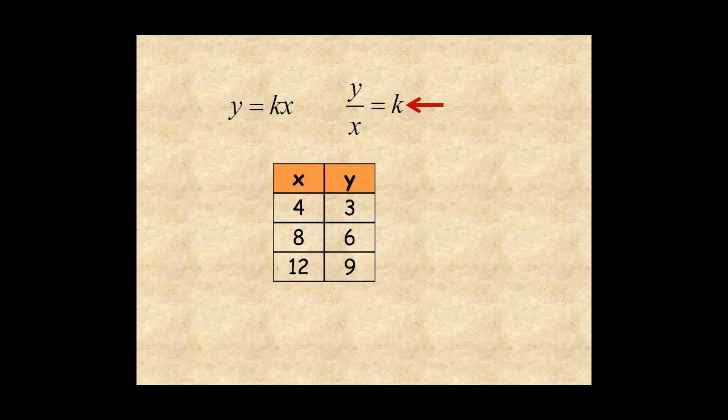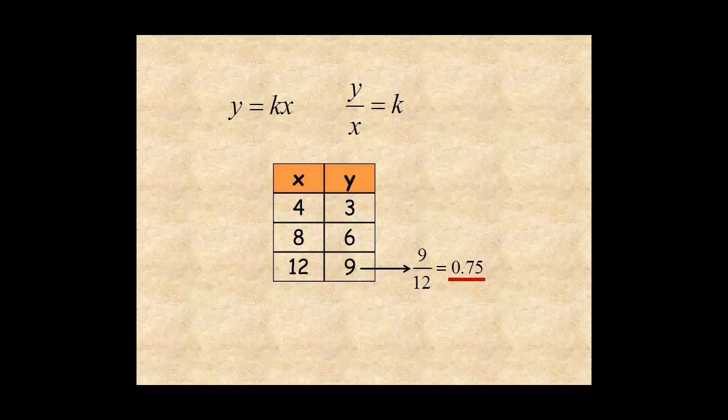So for example, for the data pairs shown in this table, you can calculate the ratio of y over x. 3 over 4 is 0.75, 6 over 8 is 0.75, and 9 over 12 is also 0.75. Since the ratio of y over x is constant, you know the data pairs vary directly, with a constant of variation equal to 0.75.